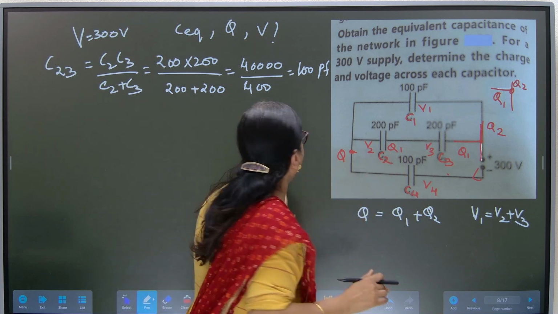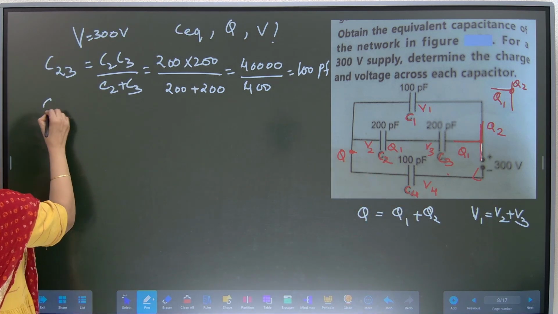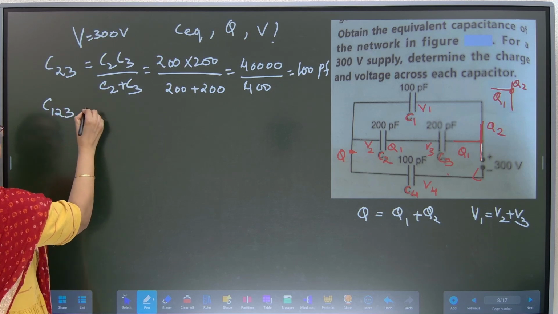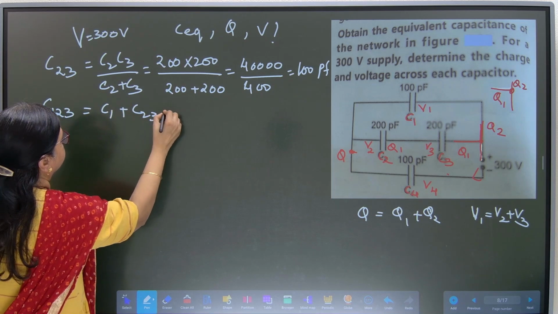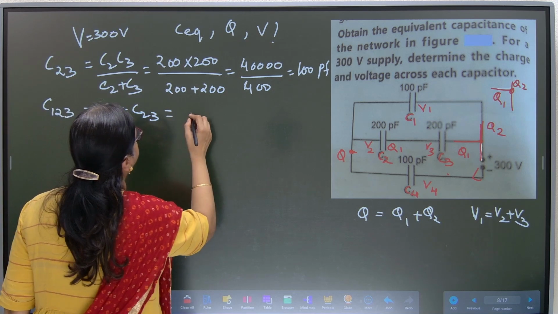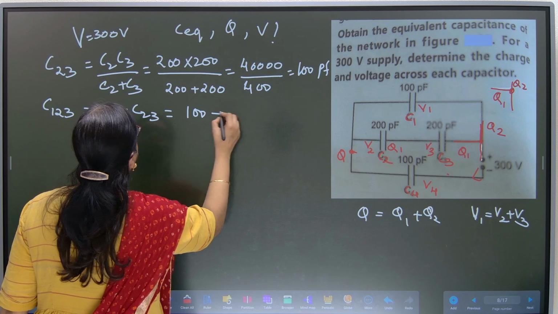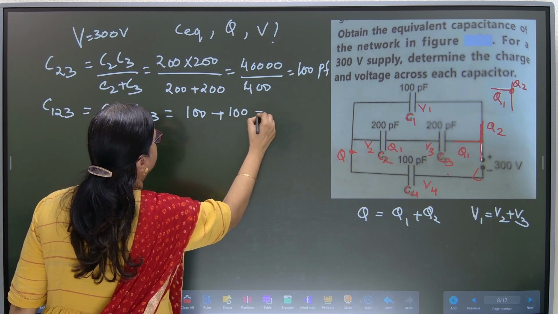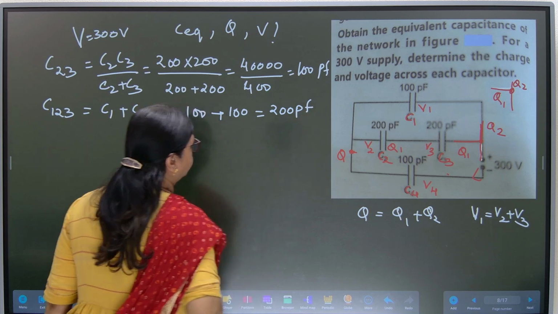So if they are in parallel, then we can write C123 is equal to C1 plus C23. What is C1? C1 is 100. What is C23? That is also 100. So we get 200 picofarad.